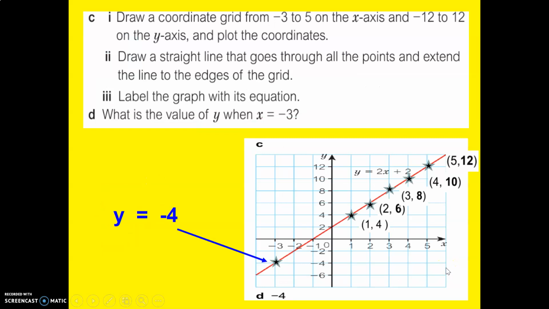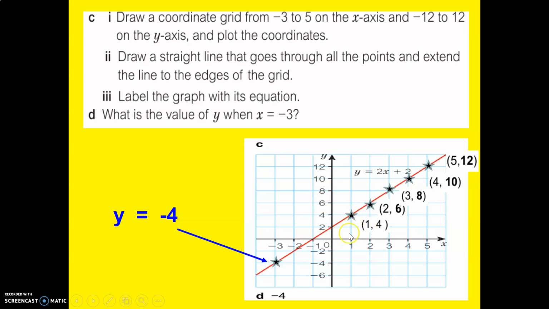Now, how do we draw it on a coordinate plane? So draw a coordinate grid from -3 to 5 on the x-axis and -12 to +12 on the y-axis and plot the coordinates.